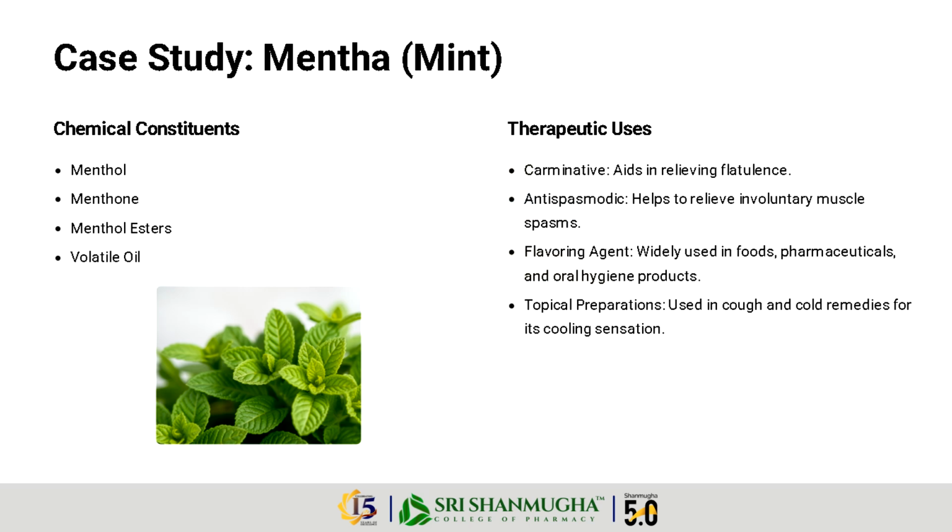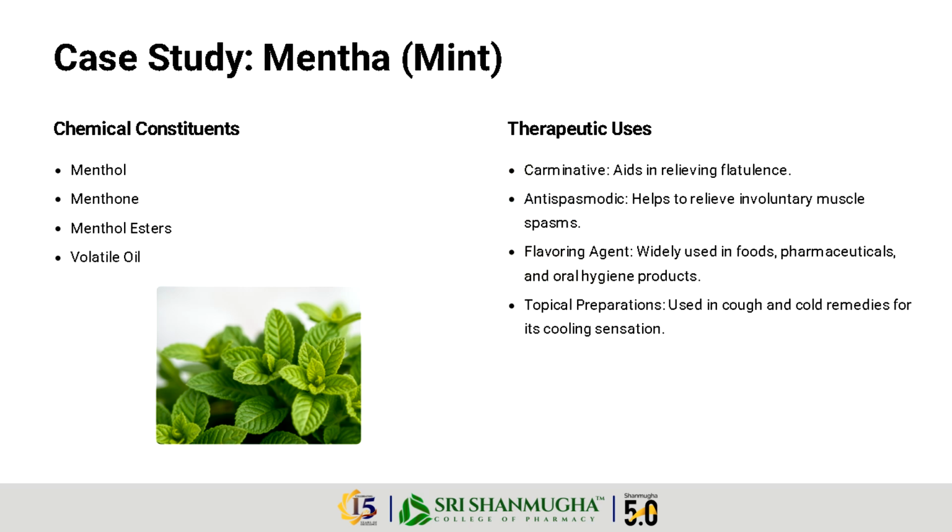Case study, Mentha. It is the mint leaf. The chemical constituents are menthol, menthone, menthol esters, and volatile oil. These phytochemicals have therapeutic uses.